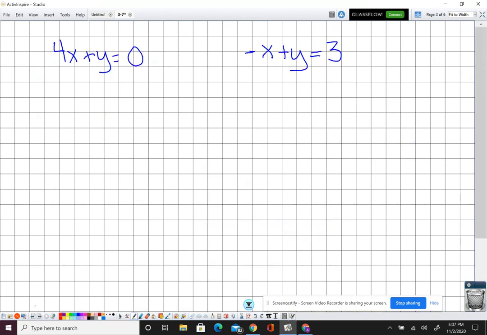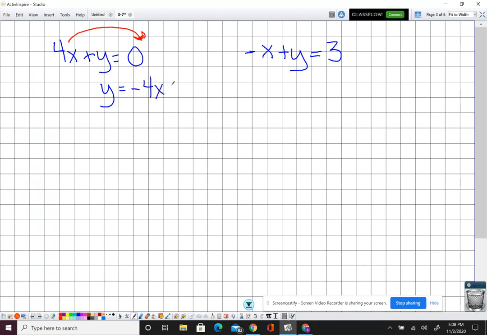Now, if we go to this one, these equations are not solved for y yet, so that's the first thing we have to do. To solve this for y, I'm going to take this x term and move it to the other side of the equation. When I move it across the equation, the sign of that term becomes the opposite. So it was a positive 4x, and it becomes a negative 4x.